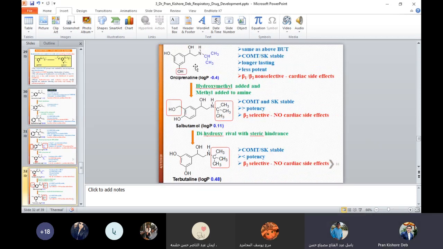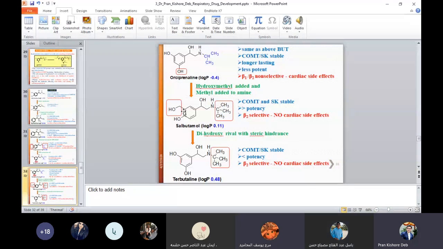Compared to orciprenaline, they discovered salbutamol. What are the advantages you see in salbutamol? It has a hydroxymethyl, which makes it stable to COMT and forms a stronger H bond with serine 204. Very good, so it is more potent. And what is another advantage?